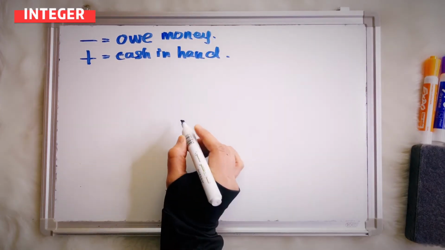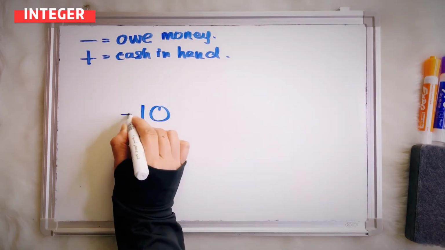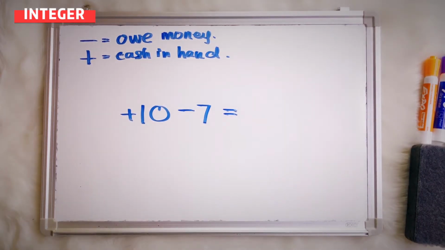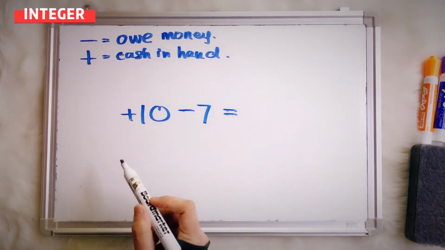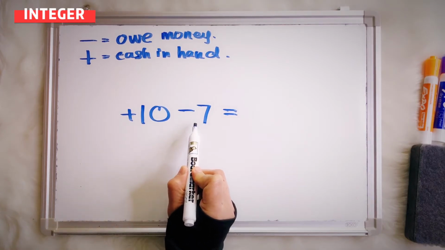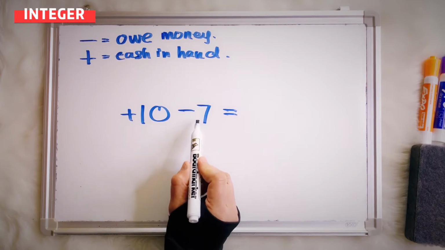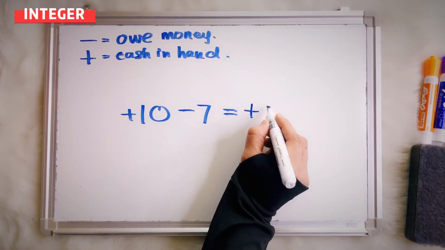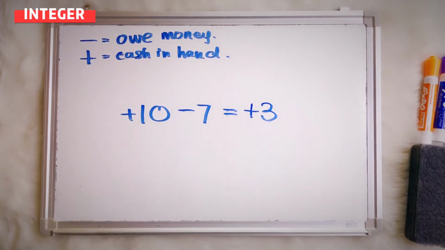Alright, let's say I give you positive 10 and negative 7. So that means you have cash in hand $10 and you owe me $7. So you have to pay me $7, but you still have cash in hand $3. Okay, next question.